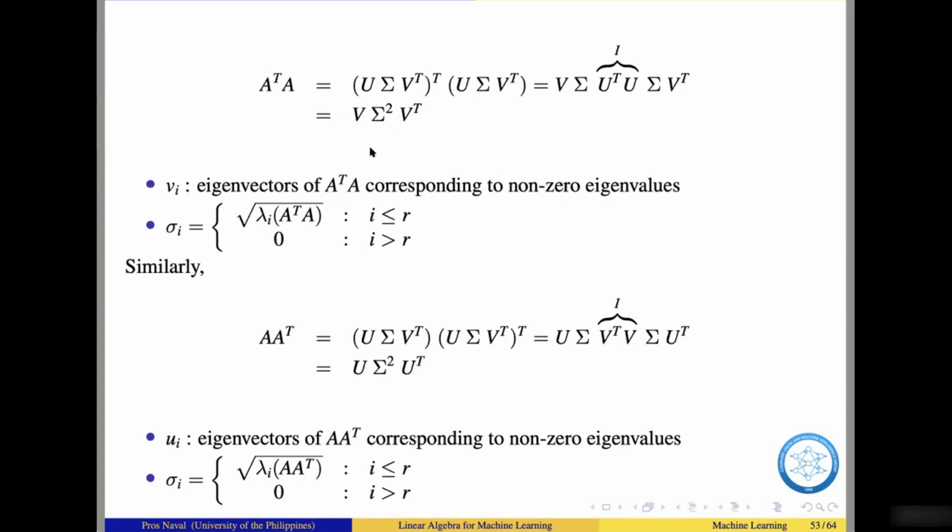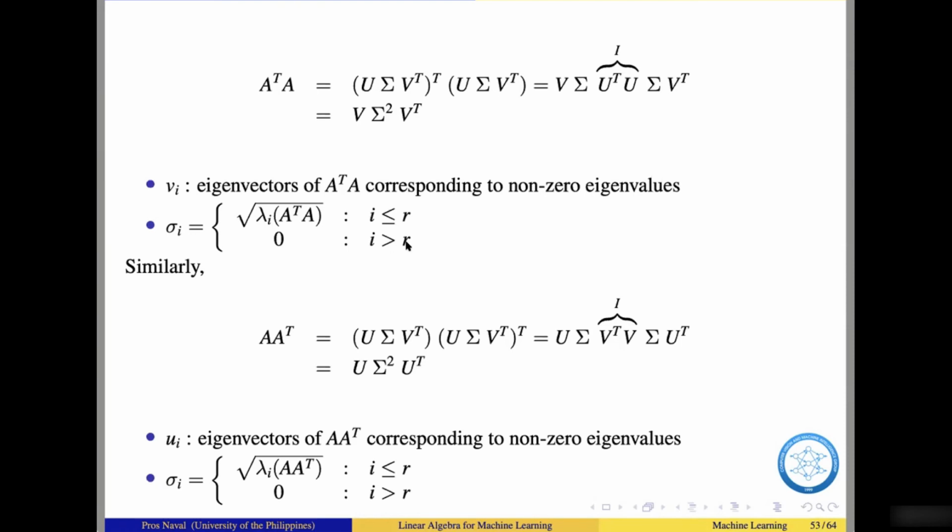If you remember our previous slide on this, the eigenvectors of this matrix here will be the columns of V. So sigma_i will just be the square root of the eigenvalues of A transpose A. That's the case when i is less than or equal to the rank.